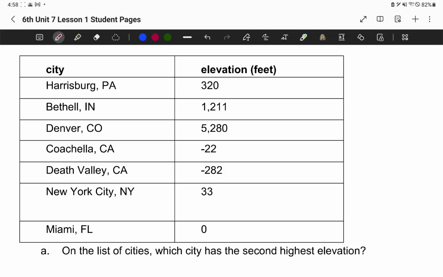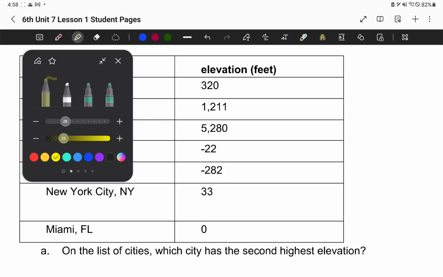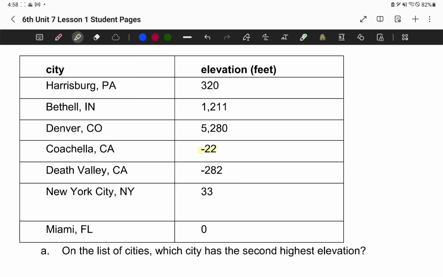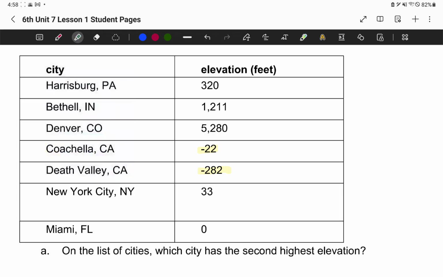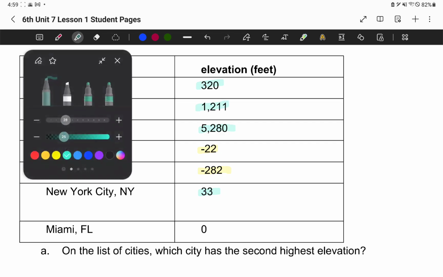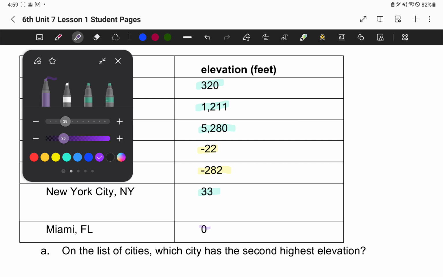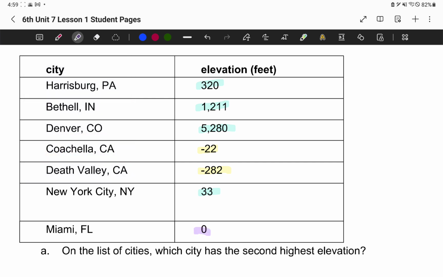Okay, think about what we saw earlier. We've got some numbers that have negatives. Okay, but then we've got some that are positives. And then we got one rando here that's just 0.